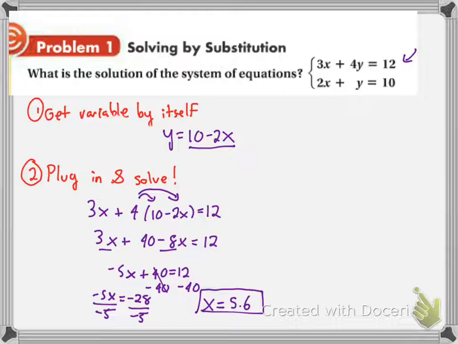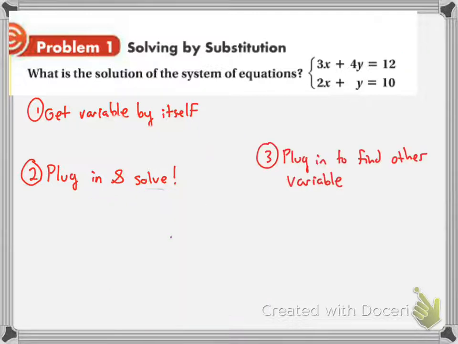So now, after we do step 2, what I'm going to do in this last step is wherever I see an x, I can do it in either equation. I'm going to plug in a 5.6, and then I'll get y by itself. So x equals 5.6. I'll do it in the first equation.